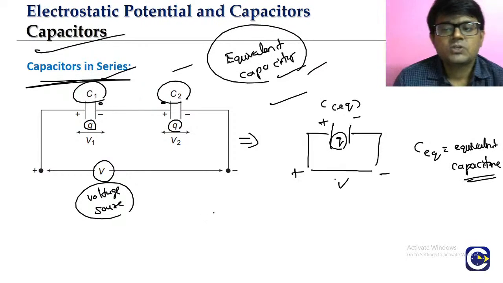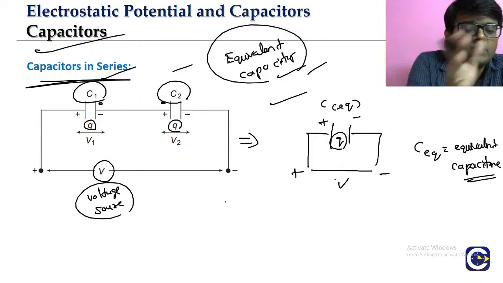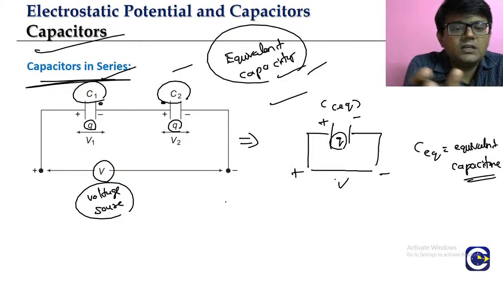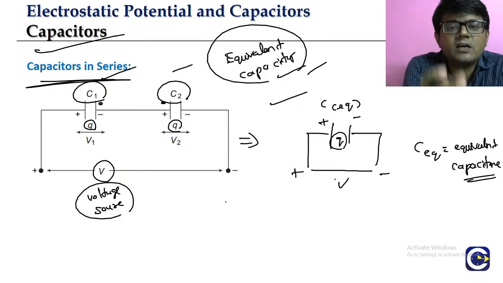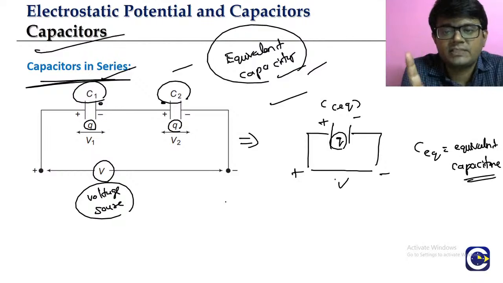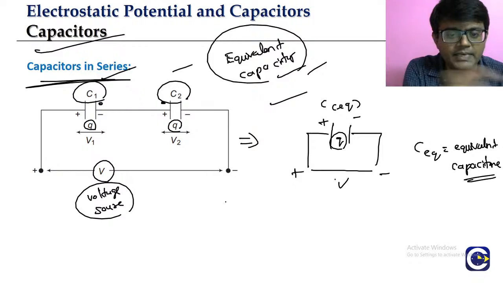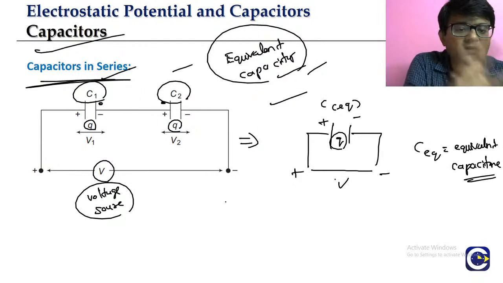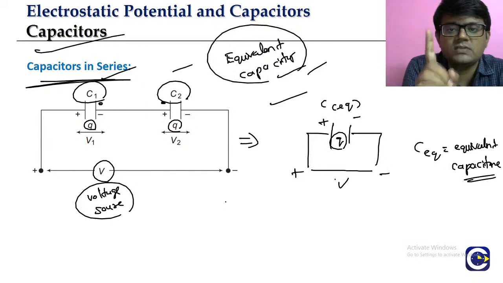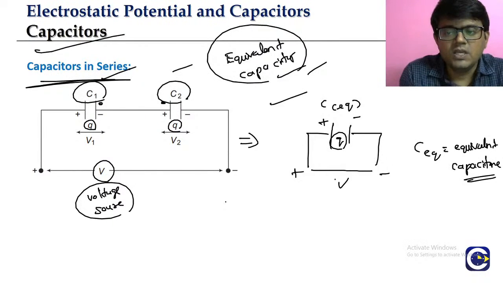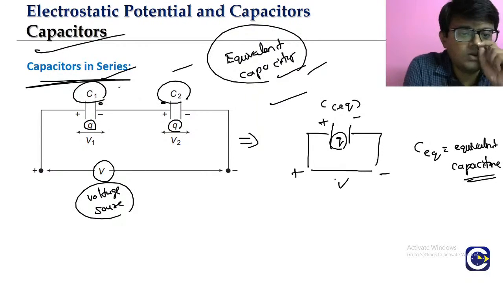So this idea of simplifying the given set of capacitors using a single capacitance is what we call the equivalent capacitance. This is the basic meaning. We are trying to replace all the given capacitors with just one single capacitor, which should do the same job as the original set.